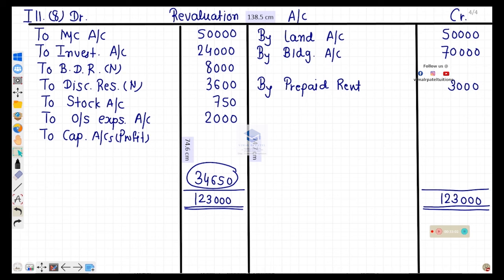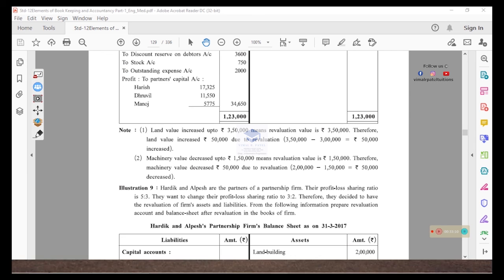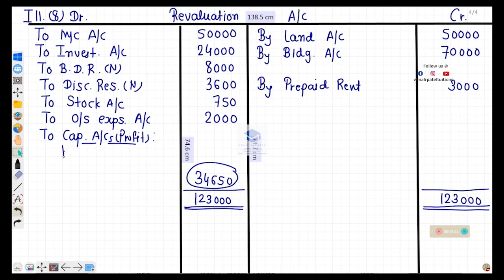It will be distributed in the profit sharing ratio, that is 3:2:1. Partners' names Harish, Dhruvil, Manoj. So 34,650 into 3/6, and 34,650 into 2/6, 34,650 into 1/6.